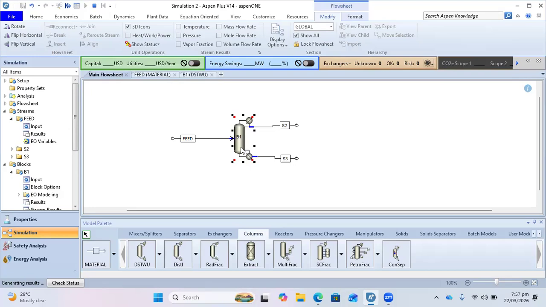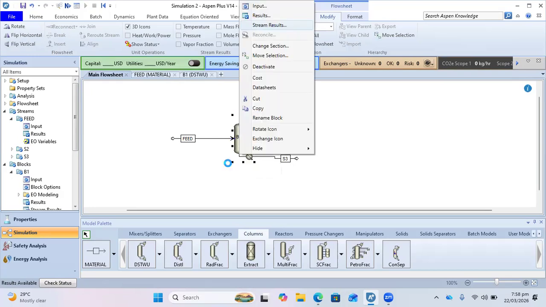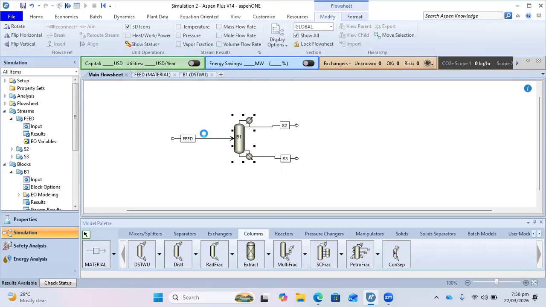We can check the results of the streams, and we can check the results of the block. Let's check the block first. So we'll right click, and then we'll click on results. Just wait a minute, it will come soon.